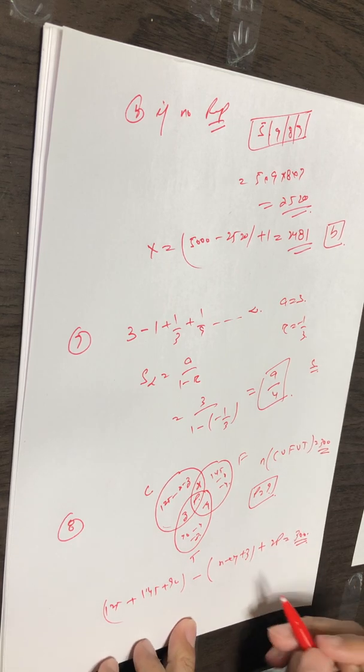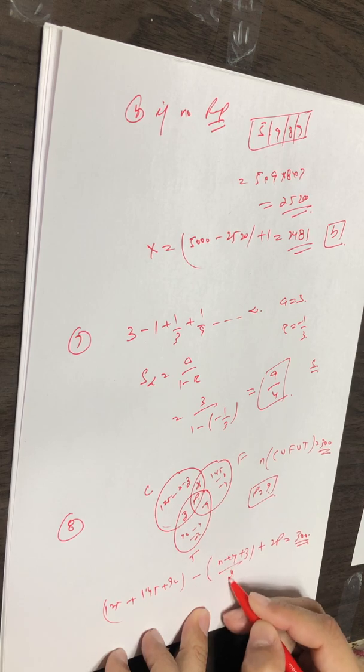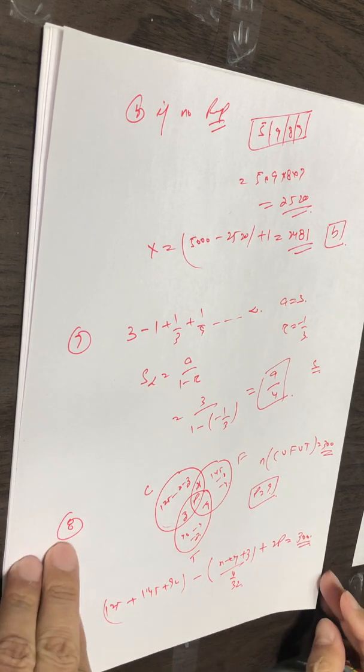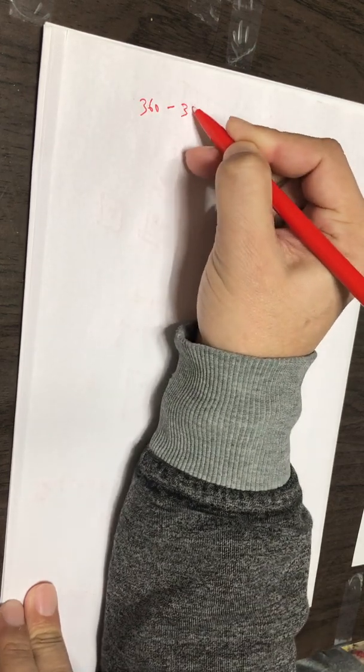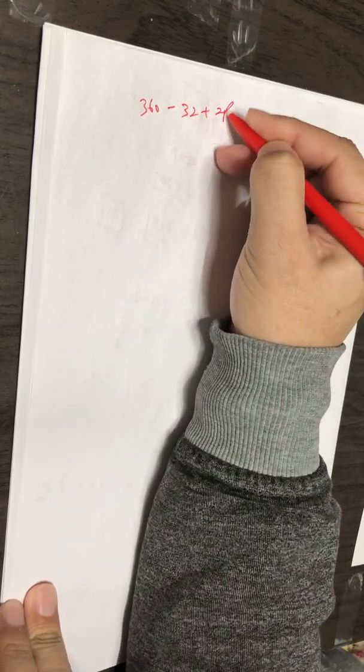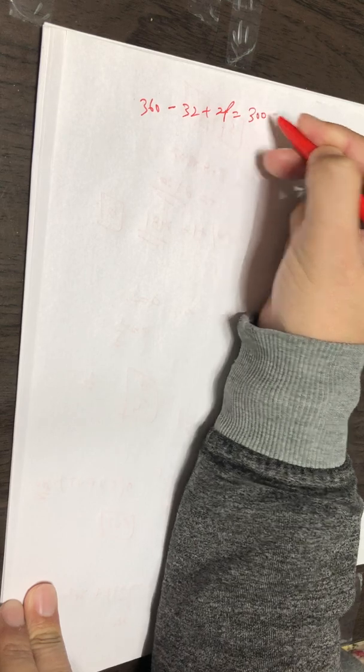32. So this is given as 32. So if you solve this, this will be equal to 360 minus 32 plus 2P is equal to 300.